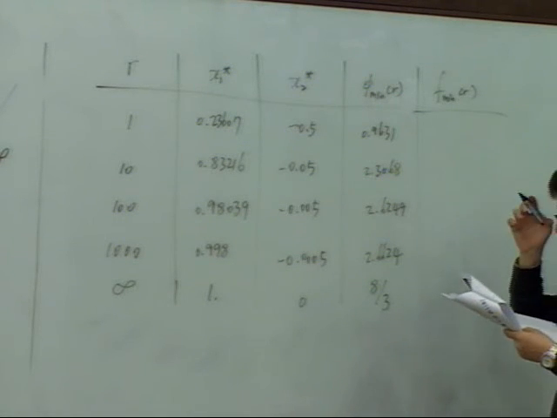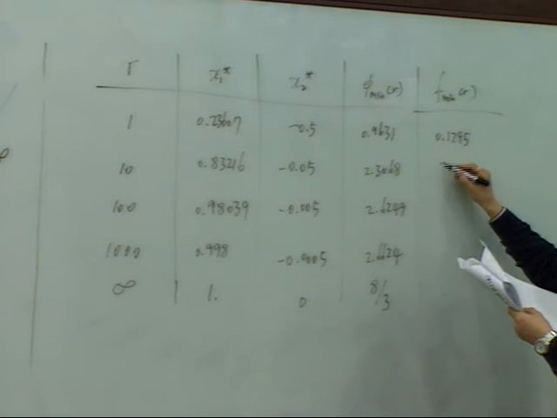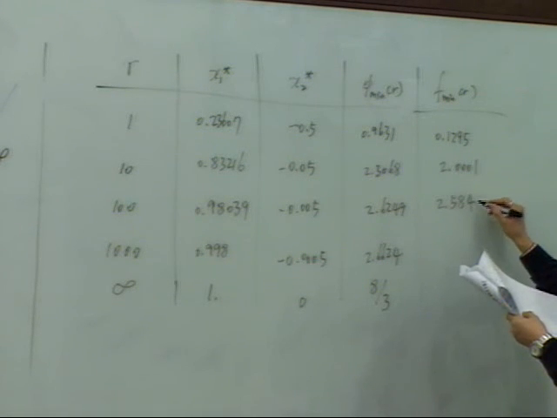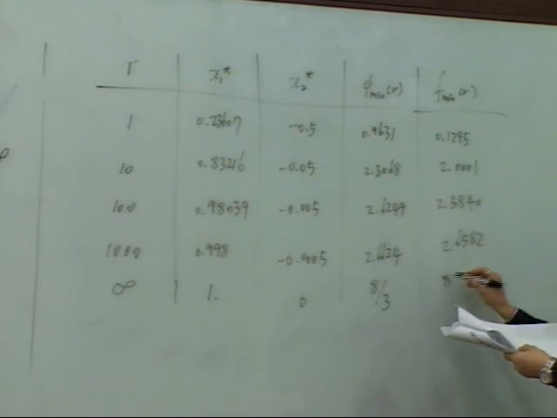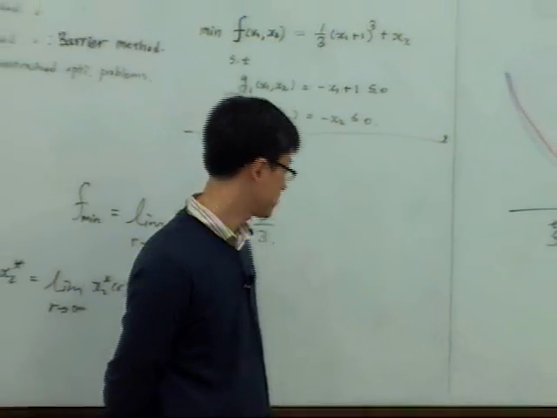And this f value is 0.1295, 2.0001, 2.5840, 2.6582, and the exact value is 8/3. Okay, as you can see, as the r value increases, it approaches the exact values.